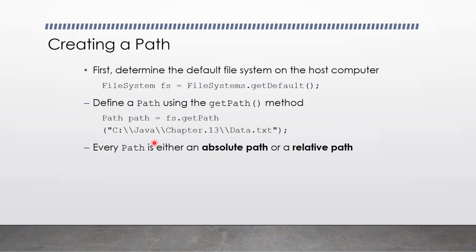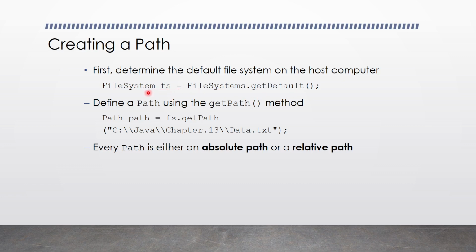To create a path, you first determine the default file system on the host computer by using a statement such as FileSystem fs = FileSystems.getDefault(). This statement creates a FileSystem object using the getDefault method in the FileSystems class.